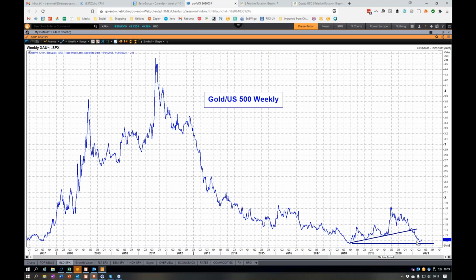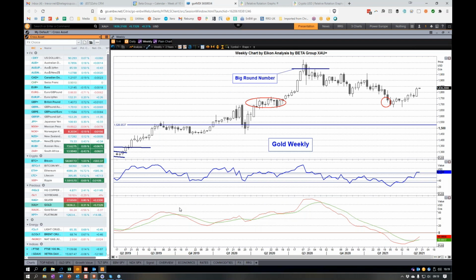So this long underperformance of gold is potentially about to have another significant chart point, by making a new low in that. So the simple message of that is you're better in stocks than in gold.